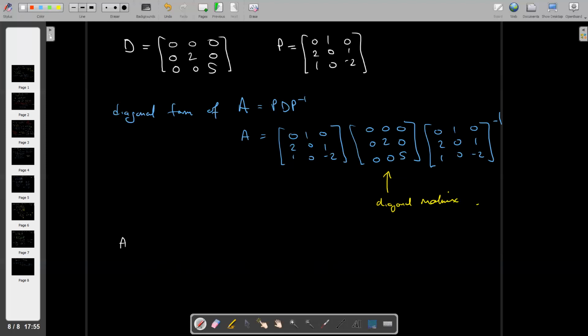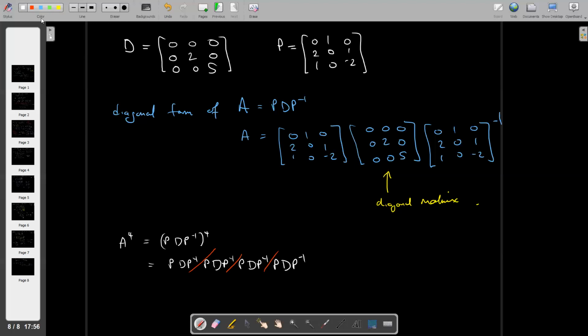If I wanted to do A to the power 4, well, what that would be is it would be P D P inverse to the power 4. Now, if I was to write this out, that would be P D P inverse, P D P inverse, P D P inverse, P D P inverse. Now, notice that sandwiched between the D's, the P inverses and the P's are going to cancel.